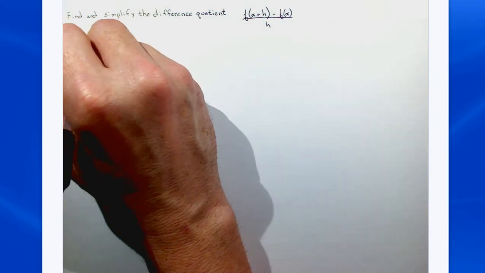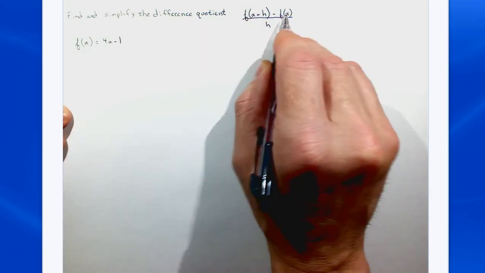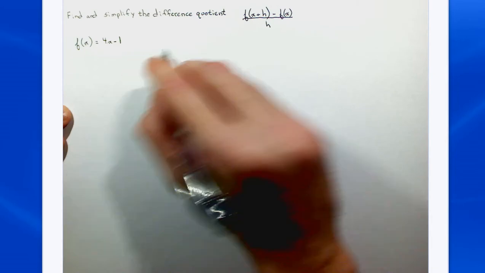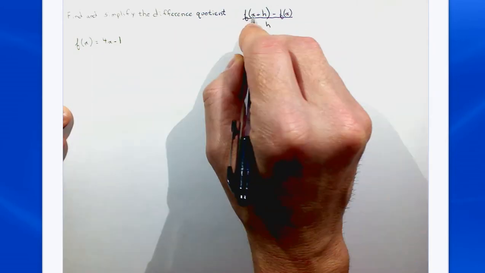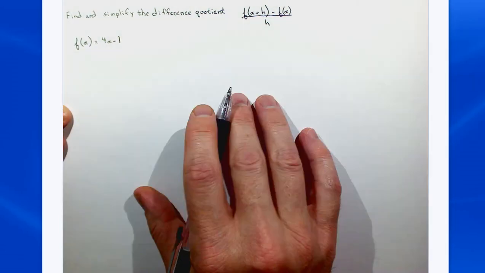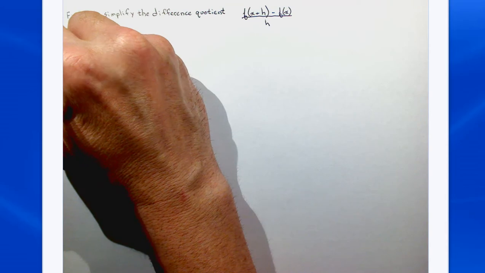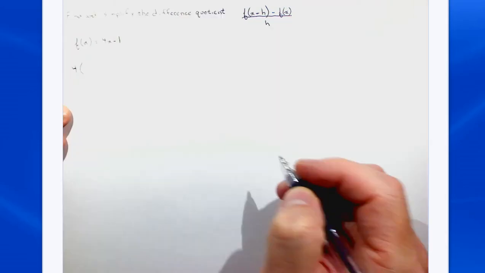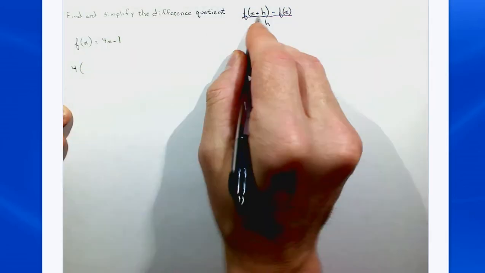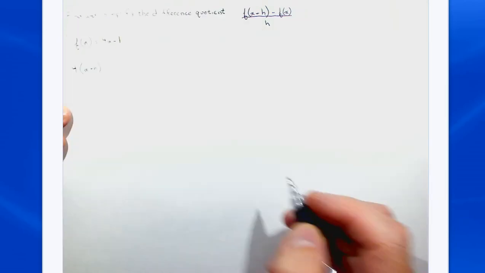So what I'm going to do is look at x and f of x up here, and I'm going to plug in. My first one, I need to substitute x plus h into my function everywhere there is an x. So I have 4, and instead of x, I'm going to write x plus h, minus 1.